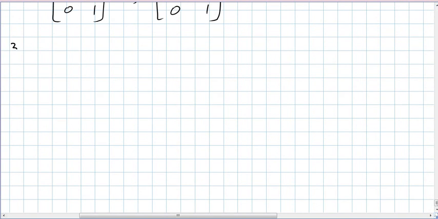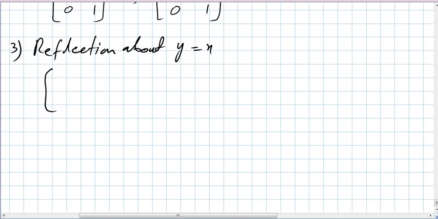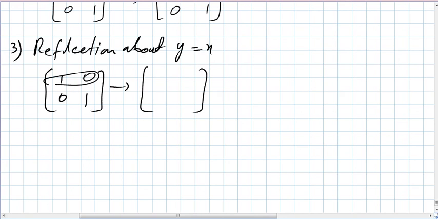Similarly, if we are talking about the reflection about y is equal to x, as we saw that y value becomes x and x value becomes y, similarly we can shift this row here and this row on the other side here. It means 0 1 1 0. Y becomes x and x becomes y.